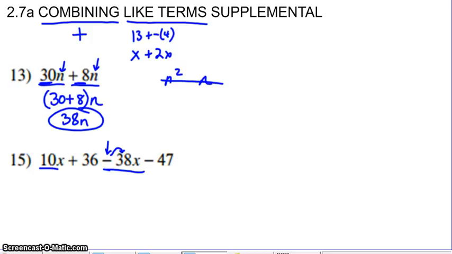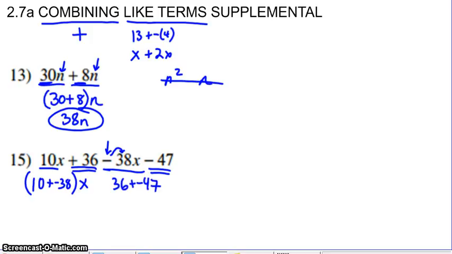So 10x and negative 38x we're going to put together. And then we have positive 36 and negative 47. They go together because they're both numbers. They don't have any variables, so we can just put them together.